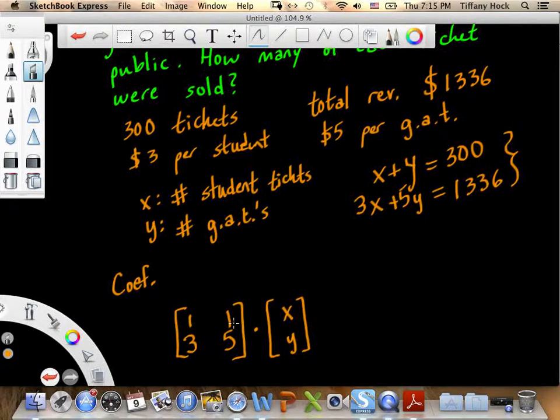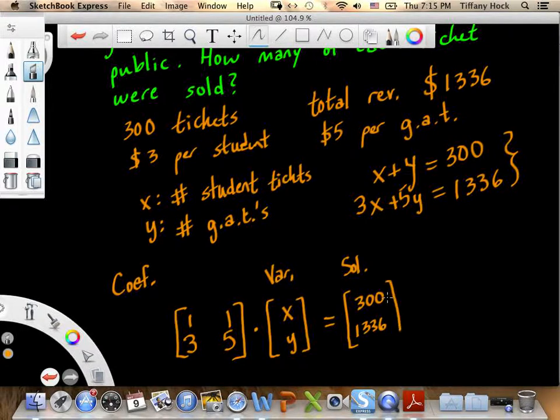So 1 times x plus 1 times y has to equal the top number for my answer matrix. So these are my variables, and these over here are going to be my solutions, or my answers. So 300 was the answer for the first equation, and the second equation's answer is 1,336.